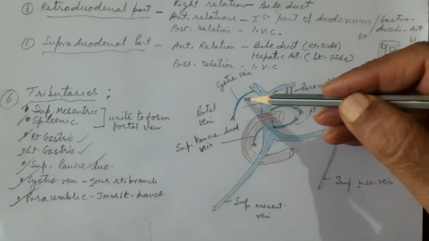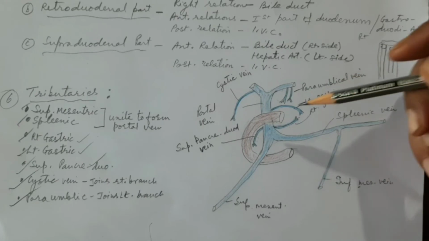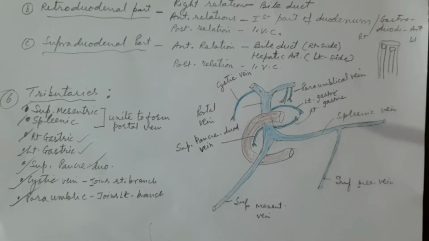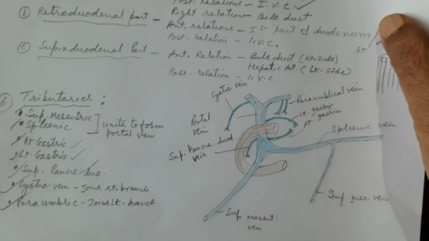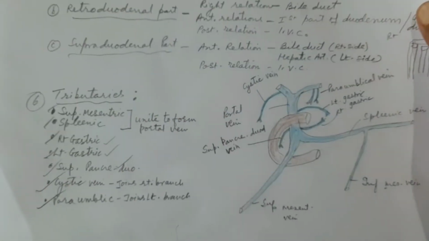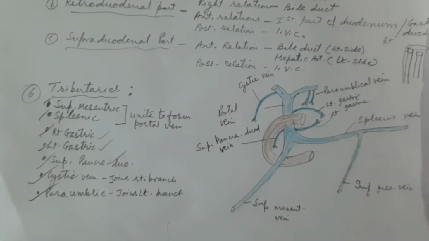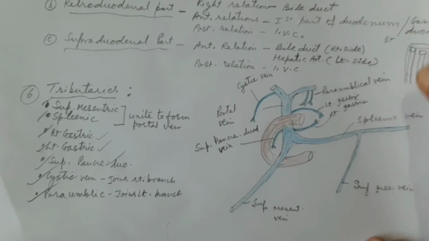Besides this, it brings the blood from the gallbladder, the pancreas, and the spleen. So there are so many sources of the blood which comes into the portal vein. This completes the tributaries of the portal vein.